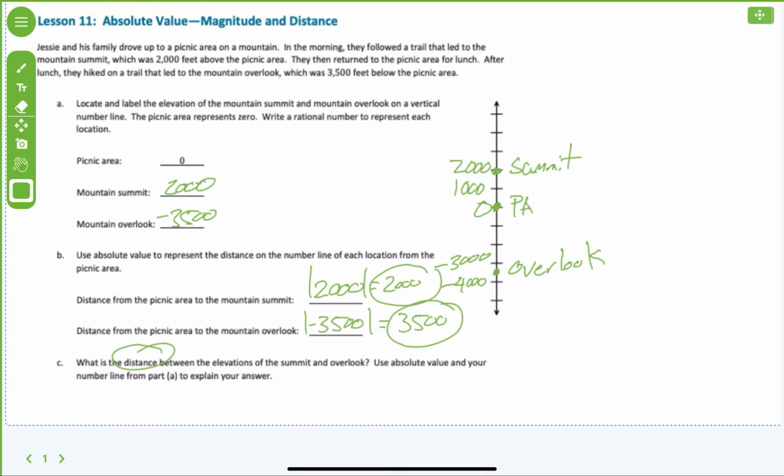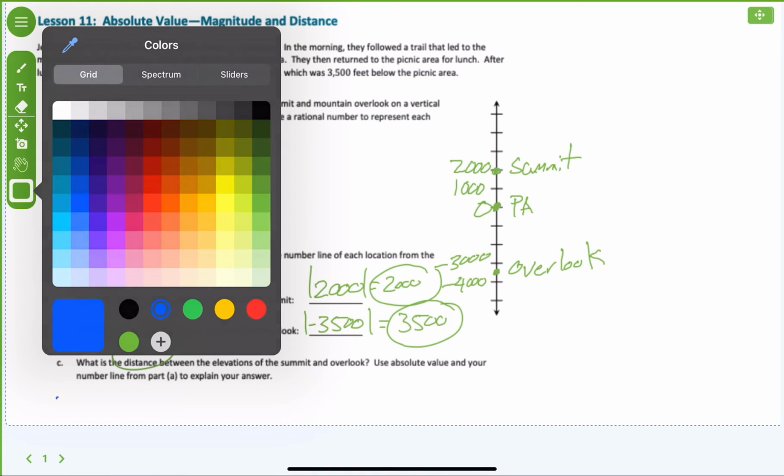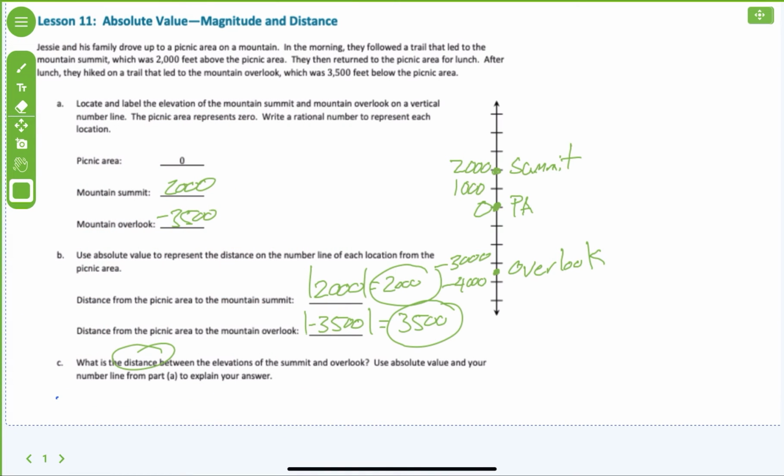Well, let's just look at our number line right quick. If I go from the summit to the picnic area, that's 2,000.